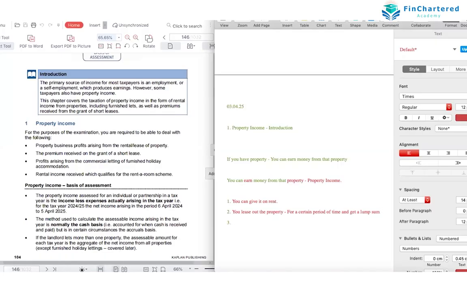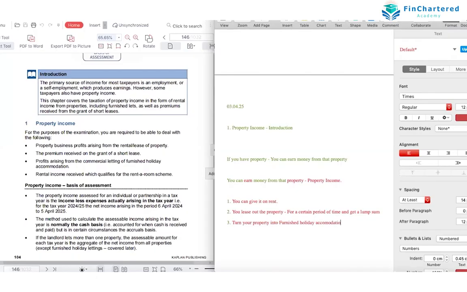How else do you think you can earn from property, guys? Another way of earning from property: you can turn your property into a furnished holiday accommodation, like a short-term rental.